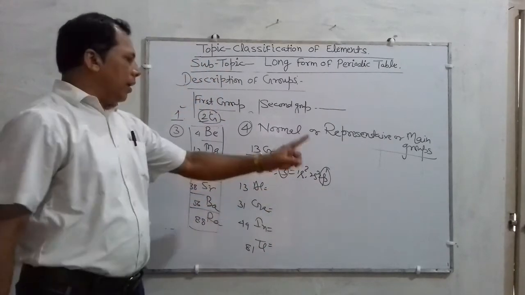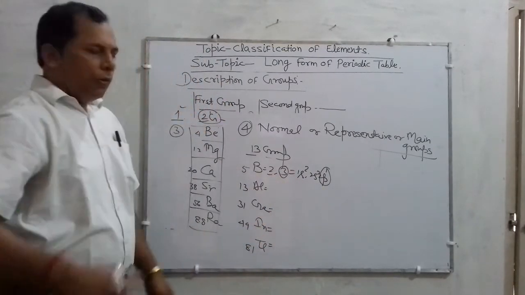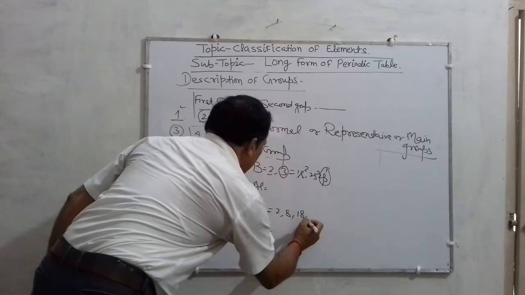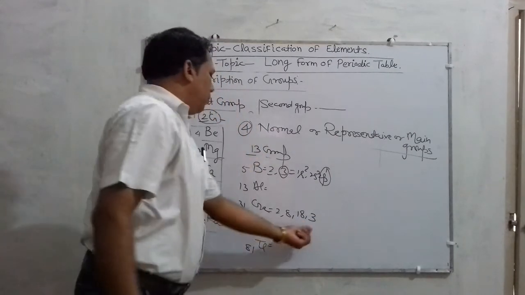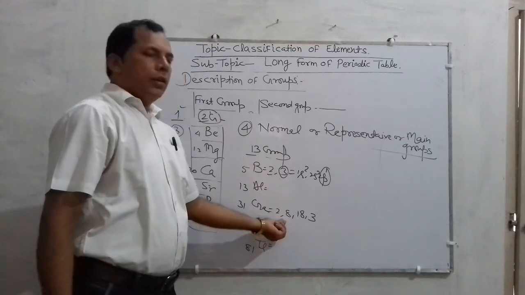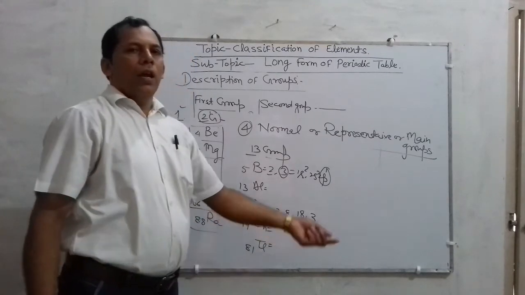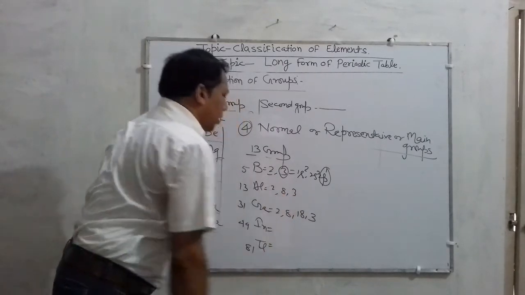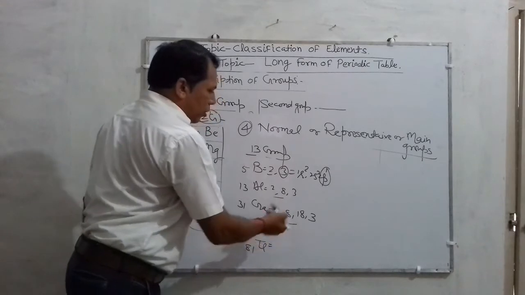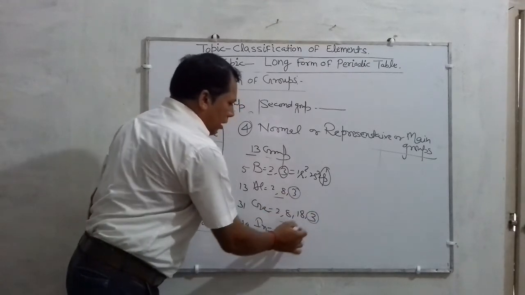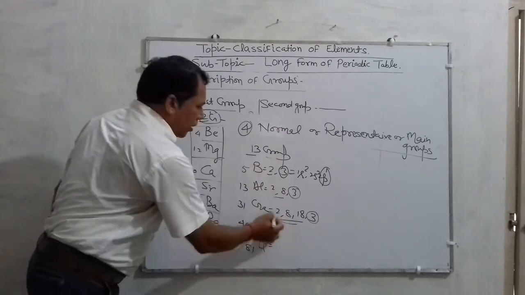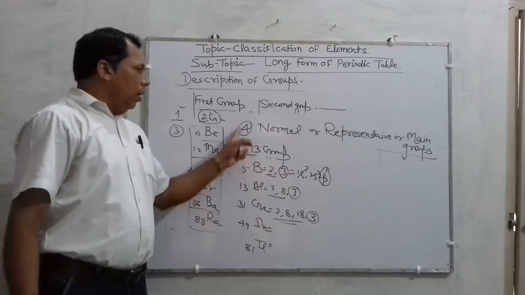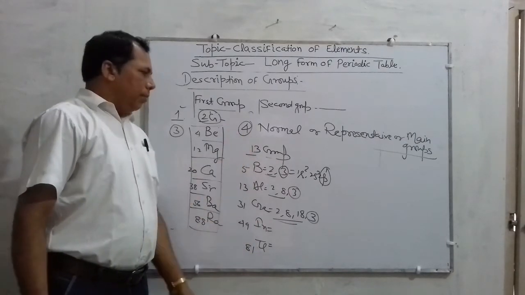Means only the outermost shell is incomplete, inner shells are filled. Suppose I write gallium 2, 8, 18 and 3, total 31. Similarly, 2, 8, 3. So in all the cases, you will see that only the outermost shell is incomplete, the rest of the inner shells are fully filled. This is one of the most important properties of these elements.